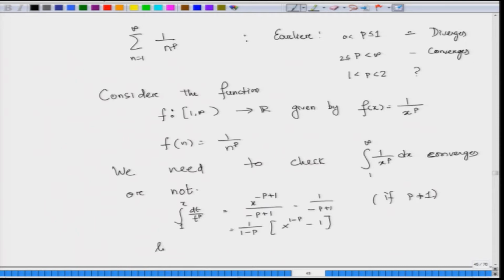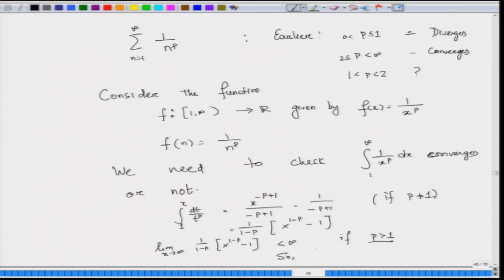Now, the limit as x goes to infinity of 1 by 1 minus p into x to the power 1 minus p, minus 1, is going to be a finite limit if p is greater than 1. If p is less than 1, certainly this is not going to be a finite limit. So, for p greater than 1, definitely this is going to be a finite limit.